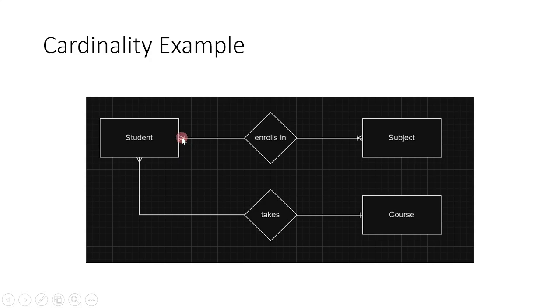Even though we have a many cardinality, we still write the name of the entity in singular form. So this is one or many students enroll in one or many subjects, because when you enroll into a school, at least you have one subject. So we could not use zero or many here, but one or many.